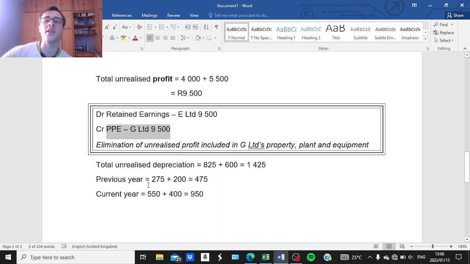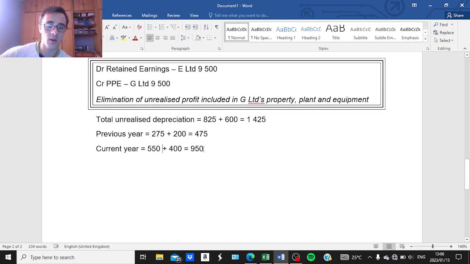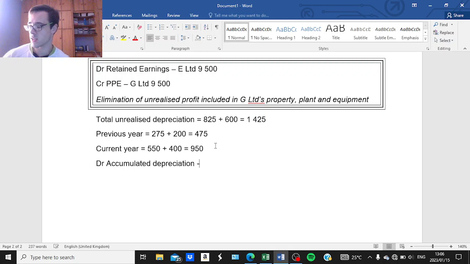So therefore, we need to decrease the accumulated depreciation for Grazing Ltd. In other words, we will debit accumulated depreciation for Grazing Ltd by 1,425, because that is the total unrealized depreciation that we need to eliminate.